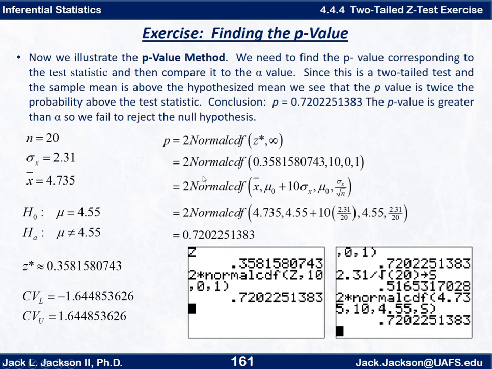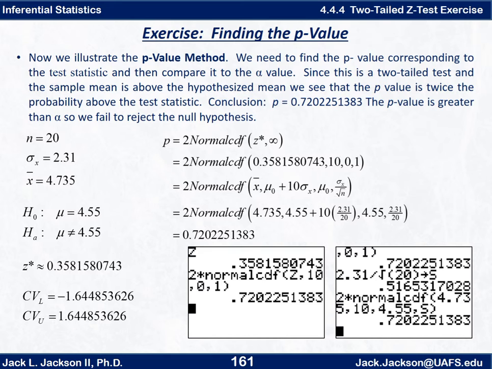So what we do is we take our z star value that we'd already found, and by the way we stored it as z, and we just do a normal CDF from z out to infinity, which will be the area to the right. Notice z star is positive, so that's the boundary on the right tail. Since this is a two-tailed test, that's only going to be half of the p-value. So we have to double that to find the p-value.